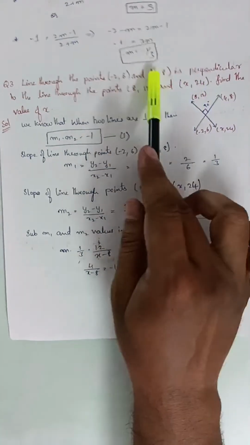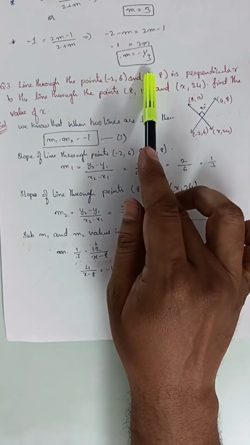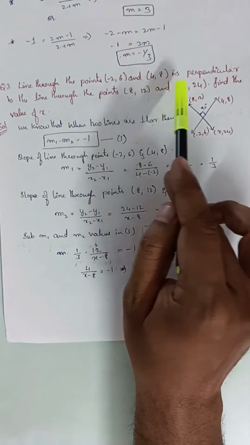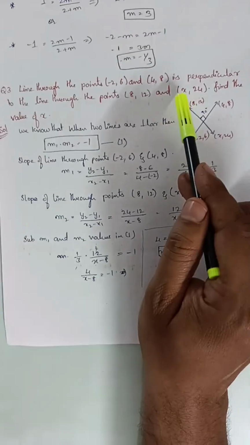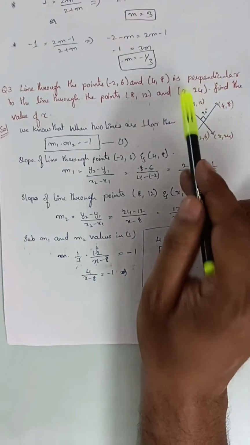So there are two lines. One line is passing through these points and is perpendicular to the other line passing through these points. There is an unknown coordinate variable, so find the value of x.